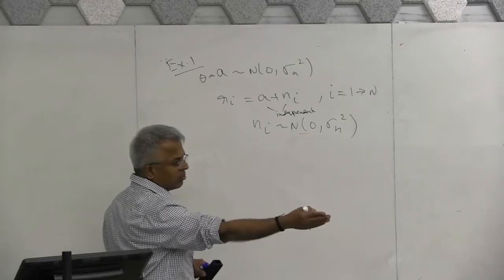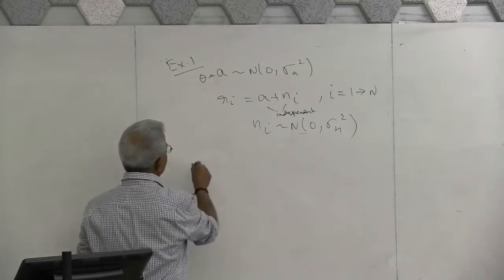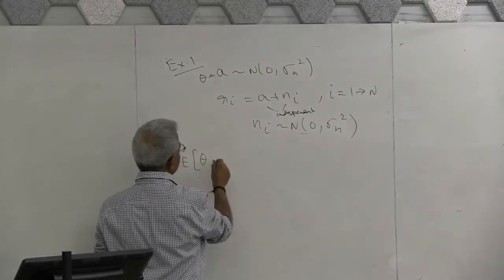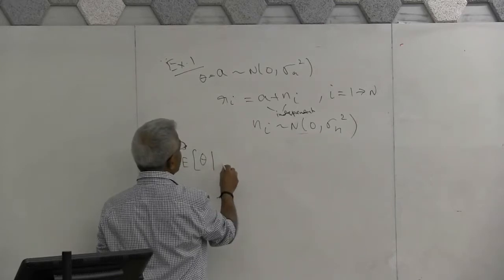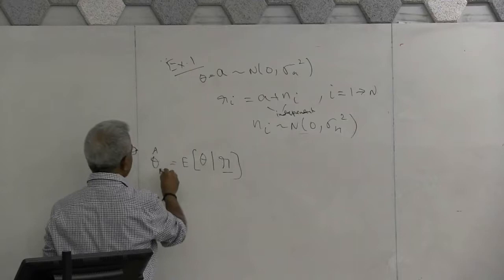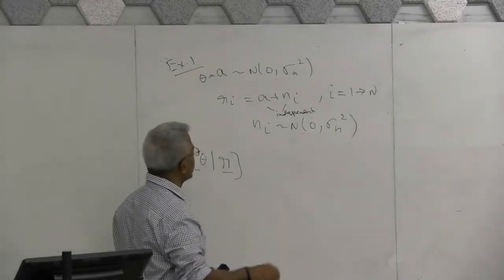So what I have done in the notes is I went ahead and found the expected value of theta given R, okay? Because this is your MMSE.